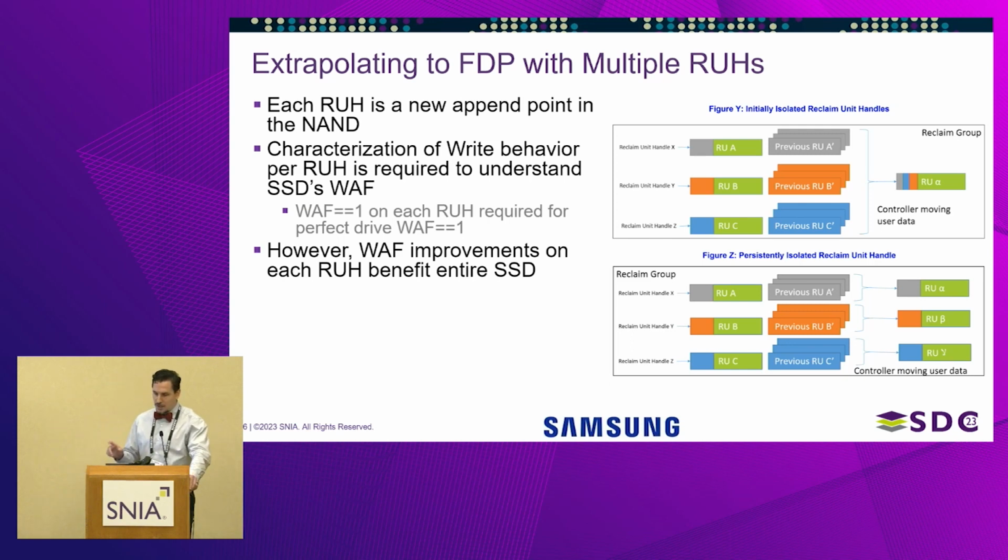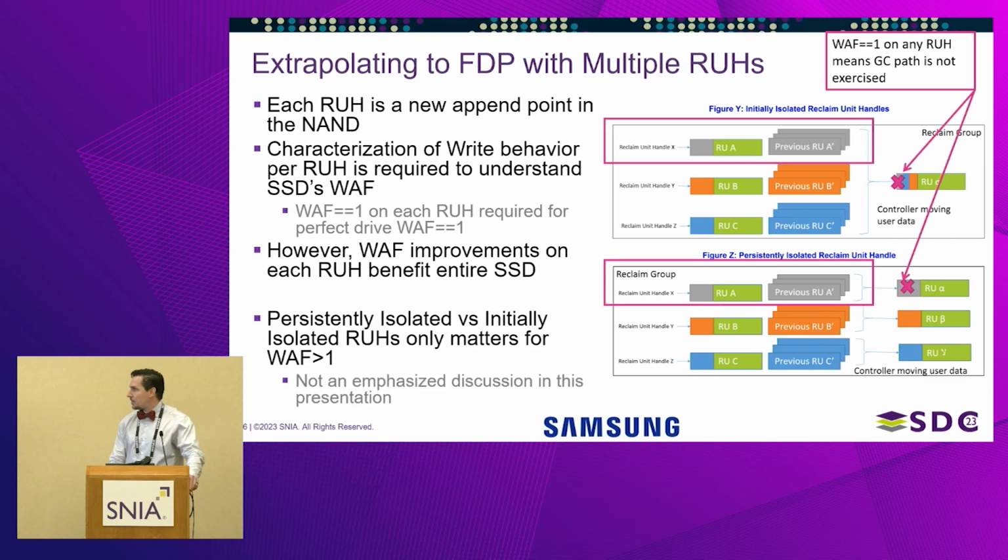Shown here is just the picture from the spec, but calling out that when it's initially isolated or when it's persistently isolated, in both of these situations, if you successfully take this RUH, label X, and have a write amplification of 1, then you come back to this where the reclaim group is going to trigger some garbage collection, and you've taken that to 0.